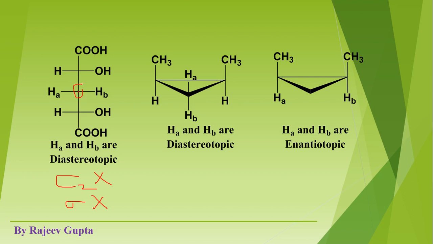We can rotate this molecule by 180 degree, Hb goes to Ha and Ha goes to Hb, but this hydroxyl group will move towards this hydrogen, and this hydroxyl group will move towards this hydrogen atom during this 180 degree rotation. So the molecule will be different, it will not be equivalent. So C2 is not applied.